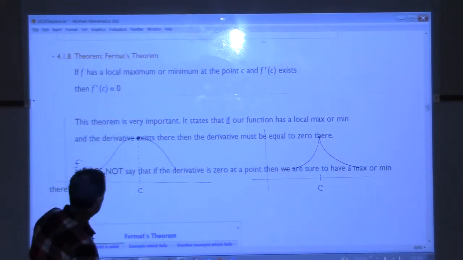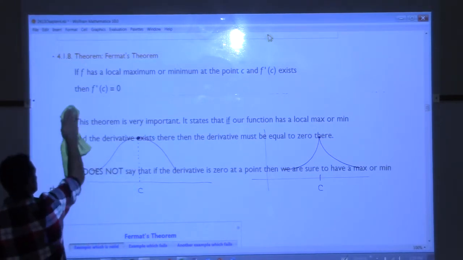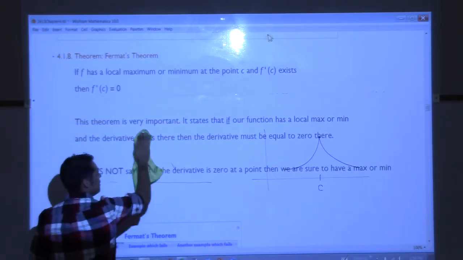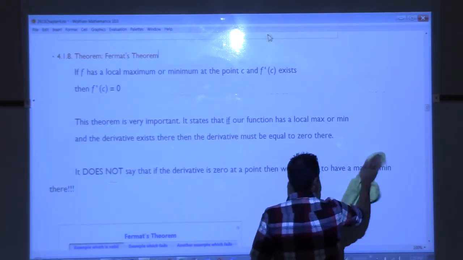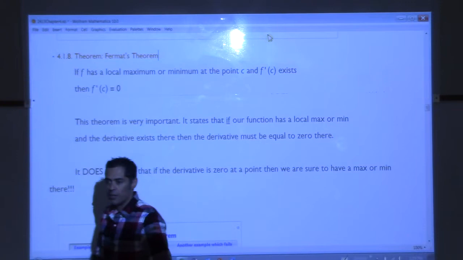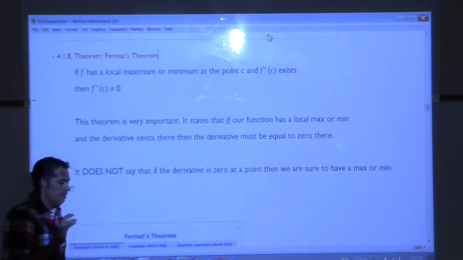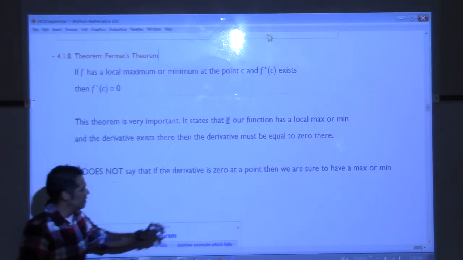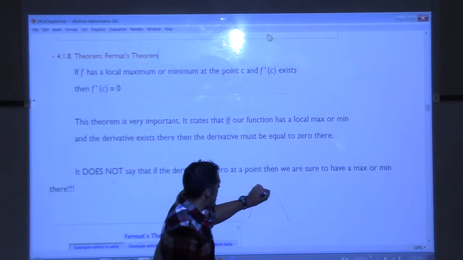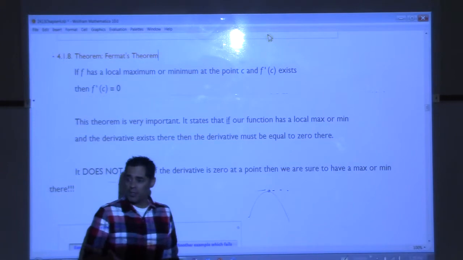So I say here, be careful, this theorem does not say that if the derivative is 0, we're sure to have a max or min. This is a major misunderstanding from students. Students will say, oh, look, when I draw a function, I look at the max, look, the derivative is 0 there.